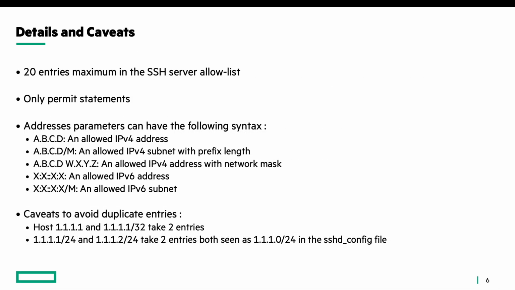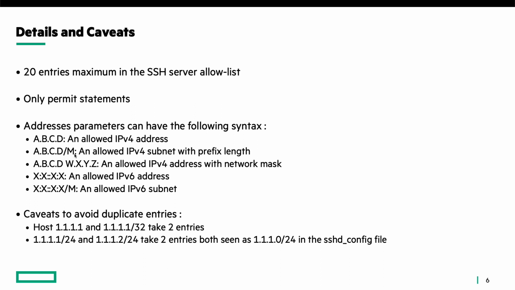Regarding now the details of the feature, it's supporting 20 entries maximum. We have only permit statements, so no deny statements. There are different types of syntax for the IP address. It can be just one IPv4 address, a.b.c.d, so it's considered a host address. From a functional perspective, it's the same as a /32.